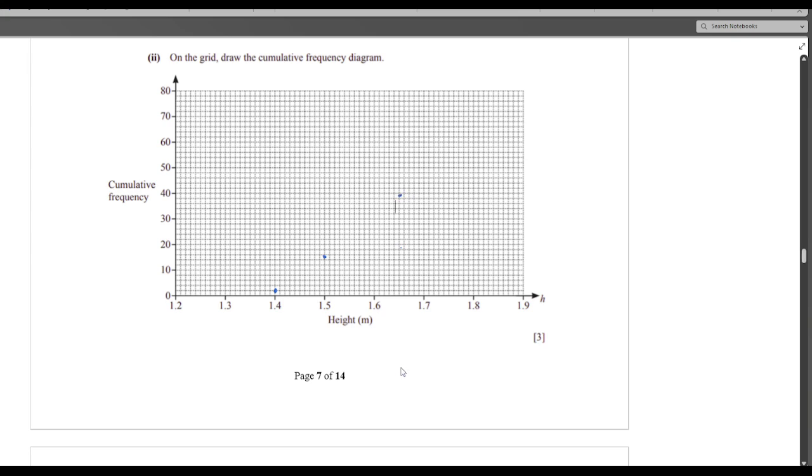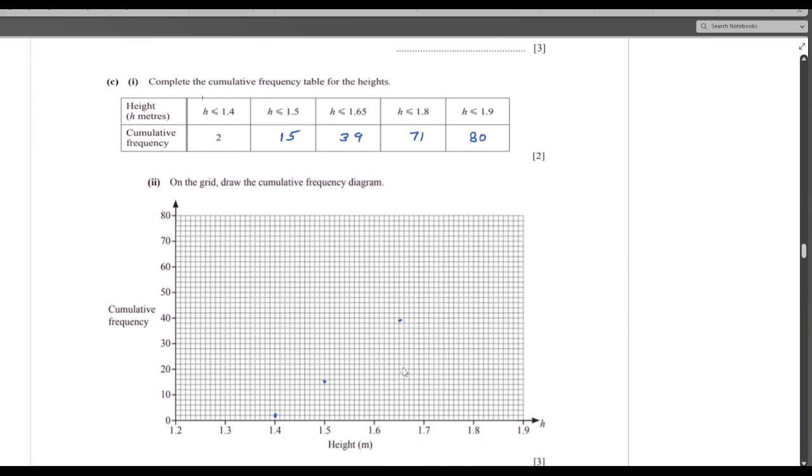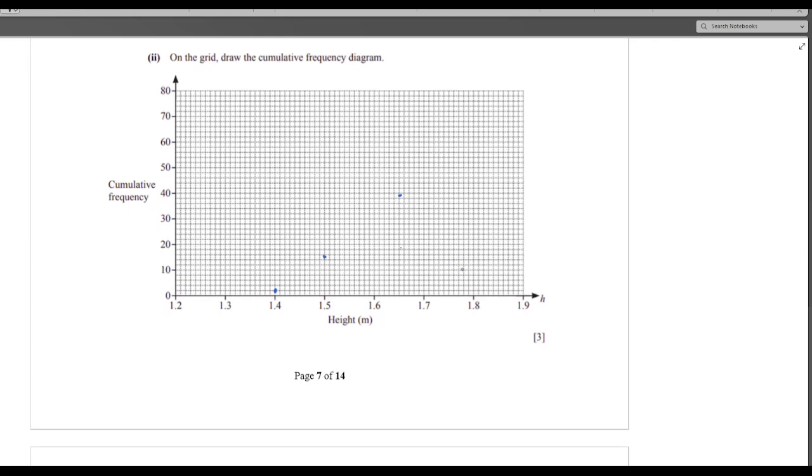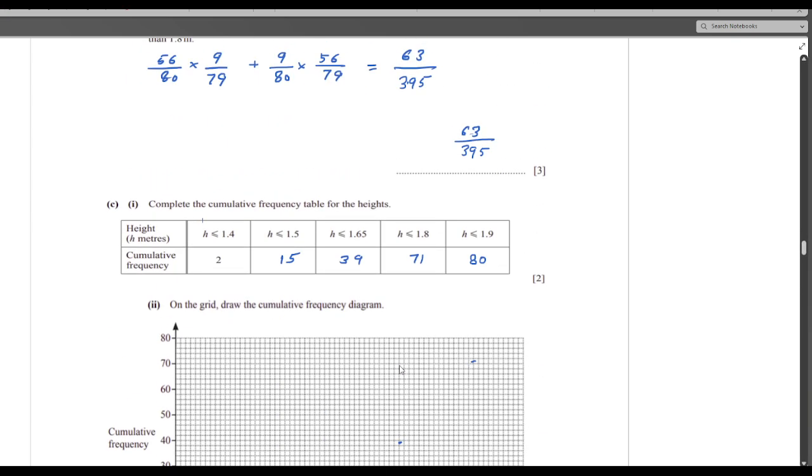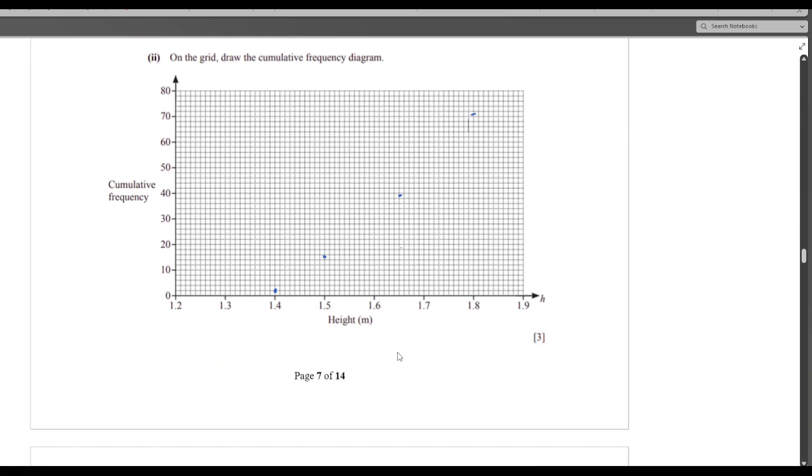Okay, next 1.8 we have 71. So this line represents 70, 71 will be somewhere here, and finally up to 1.9 we have 80. So I have this point.